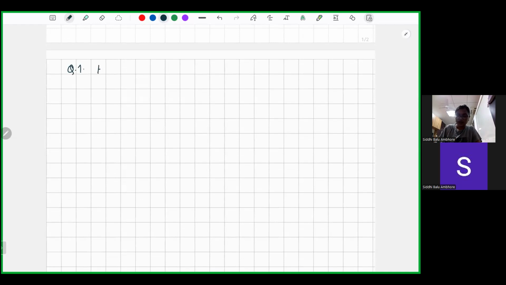Question 1: how many groups of order 320 exist up to isomorphism?